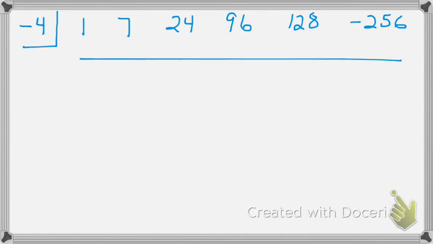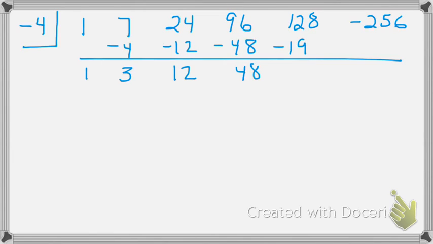Okay, bring the 1 down. 1 times negative 4 is negative 4. 7 and negative 4 is 3. 3 times negative 4 is negative 12, which gives me 12. 12 times negative 4 is negative 48, which will give me a positive 48 if I subtract. 48 times negative 4 is negative 192. What's 192 minus 128? Negative 64. Negative 64 times negative 4 is positive 256.